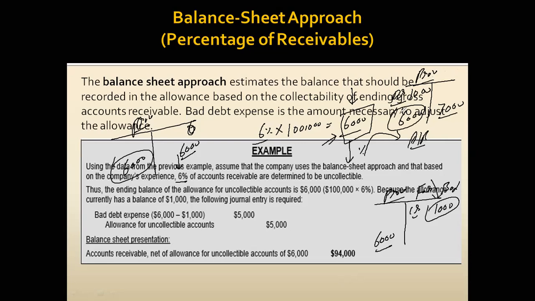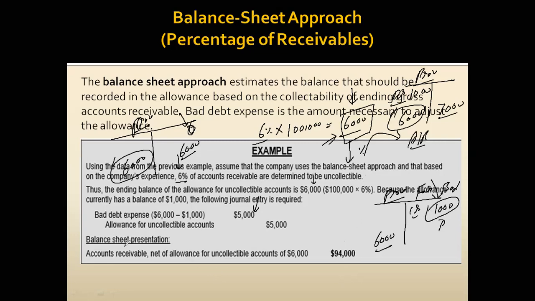Why are we creating the provision here for 5,000 only? Because 1,000 we already have in this example. So you always have to look at the situation. If you don't have anything before, create with the total amount. If you have a debit, then you have to create with a larger amount in order to make the closing balance 6,000. Here you have 1,000, so just create 5,000 more.